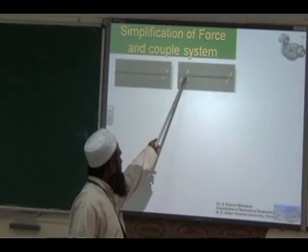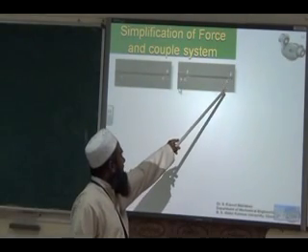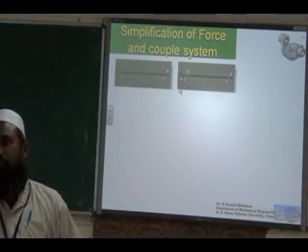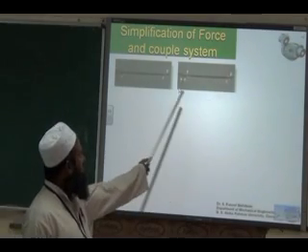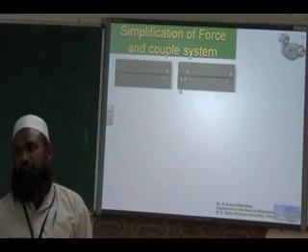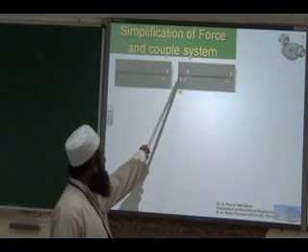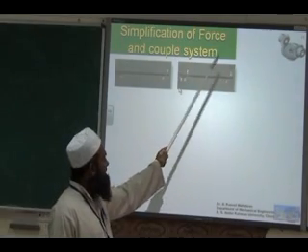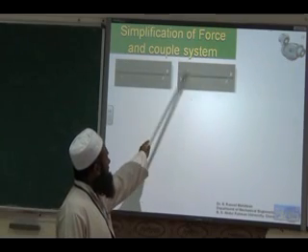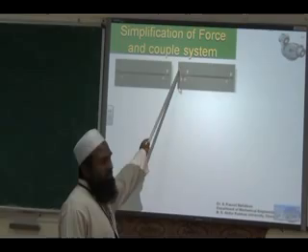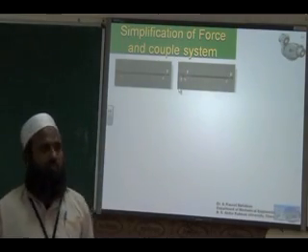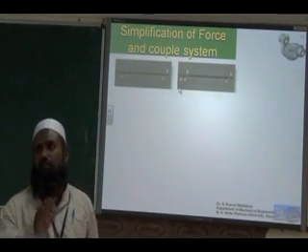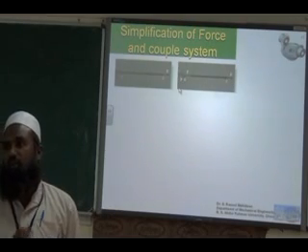You can see one force opposite to the force applied at point A, another force in the same direction as the force at point A. So the opposite forces will get cancelled and we will have only one force at point B. So by adding two forces, one parallel and equivalent to force at point A, another minus F, equal but opposite to force at point A, the opposite force and the force at A will get cancelled. Now we will have only one force at B. So the force got transmitted to point B.